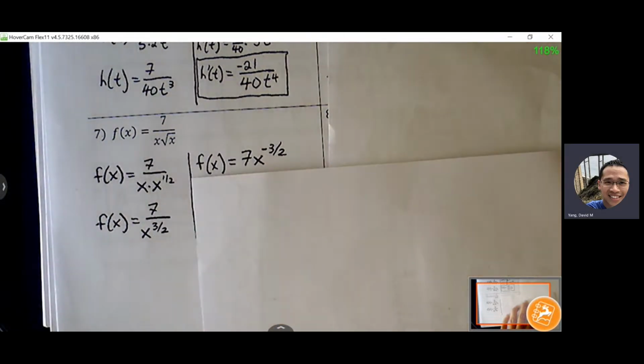Now we can do power rule, right? So power rule: bring the exponent down in front, multiply with any existing coefficient there, and then subtract 1 from the original exponent.